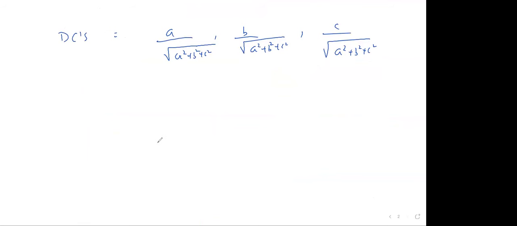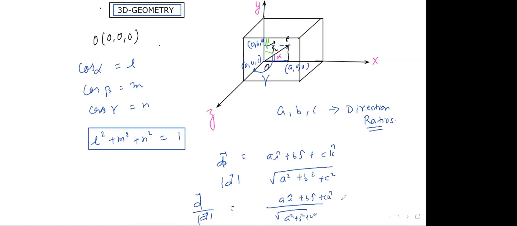Also we have a relation between direction cosines and direction ratios, that they are proportional to each other. How are they proportional? If we take cos alpha, can you tell me what will be the cos alpha? This distance is a, so it will be a over r, based upon hypotenuse.